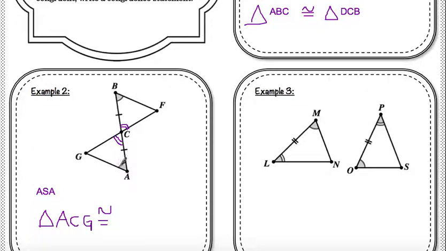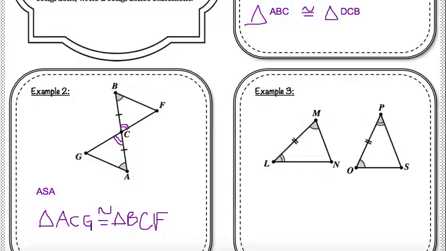If we started with A having a mark on it, we need to start with angle B on the other triangle. Angle C is in the middle, and angle C is congruent on the other triangle. And the only angle left is F.